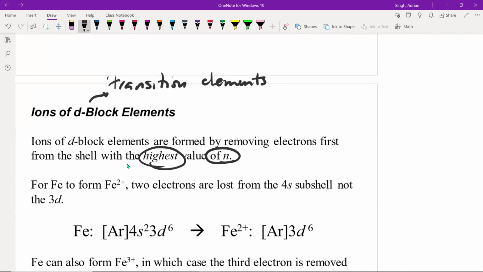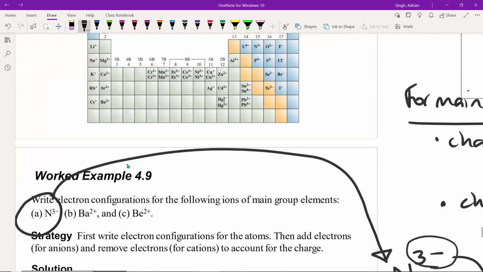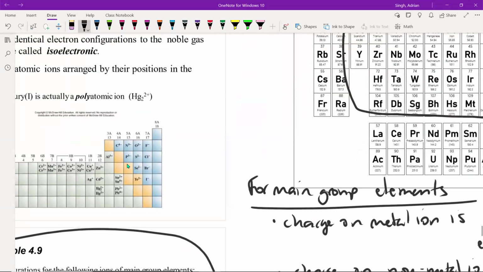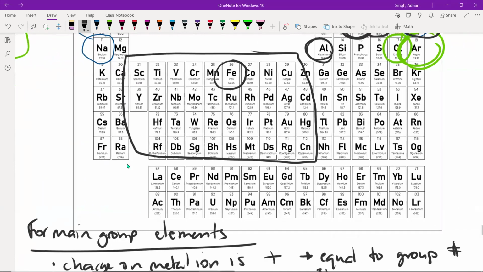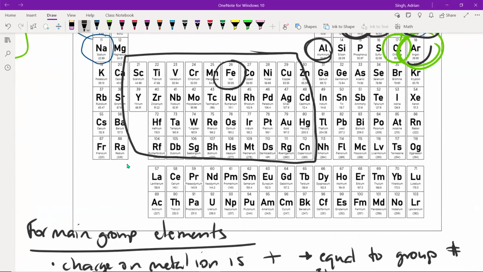All right, so if you take a look at iron, for example, Fe, okay, so iron is right here. It's in the first row of the D block. It's got 26 electrons. So if we write the electron configuration for this, noble gas before it is argon. So we have Ar, right? Then we get to the fourth row, the fourth period, we have to go through the S block.